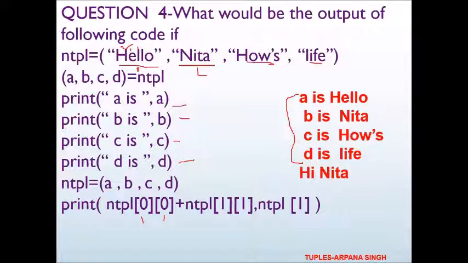And within 1 also, again this character is 0, this is 1, this is 2, and this is 3. So [1][1] means 1 and I. So it will be HI. Here it is H and here it is I. And comma NPTEL[1]. 1 is Neeta. So it will print hi Neeta.